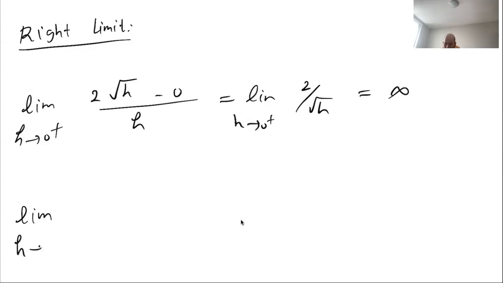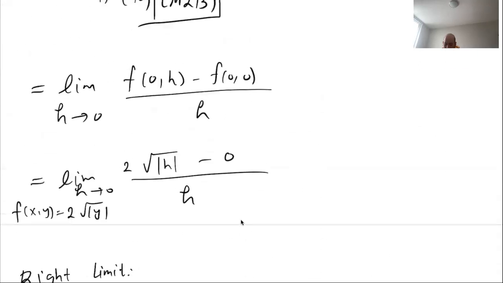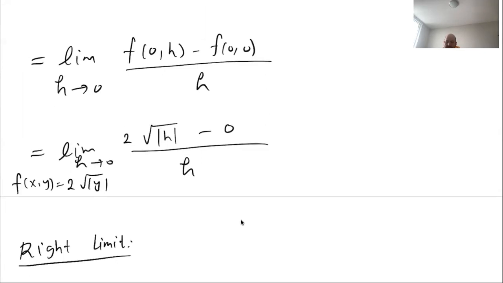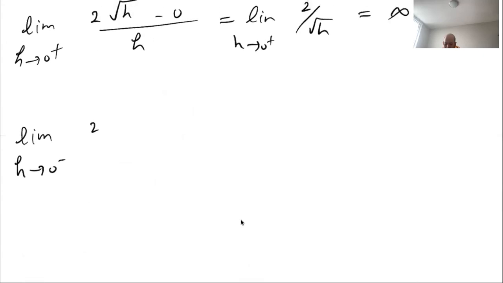But if you're wondering what the left limit would be, we can say the limit as h goes to 0 minus. If h goes to 0 minus, h is negative. If h is negative, absolute value h will be the same as minus h, divided by h.